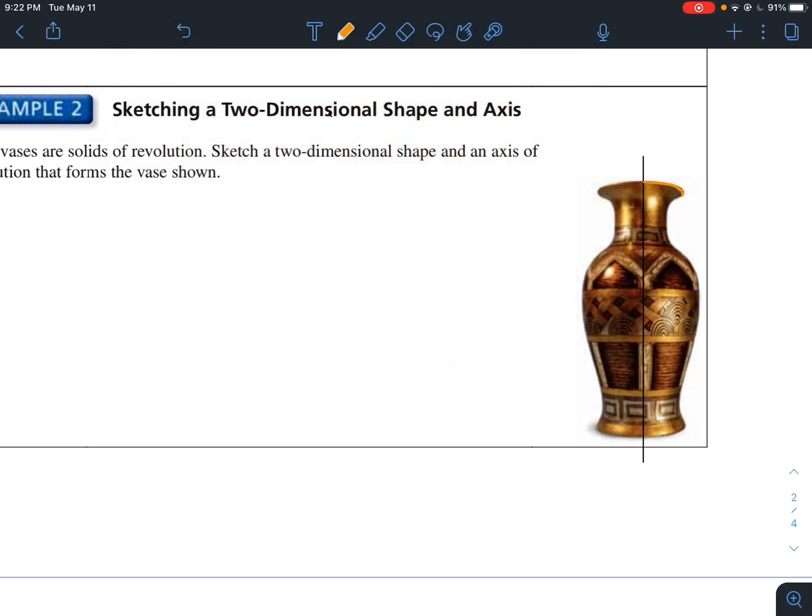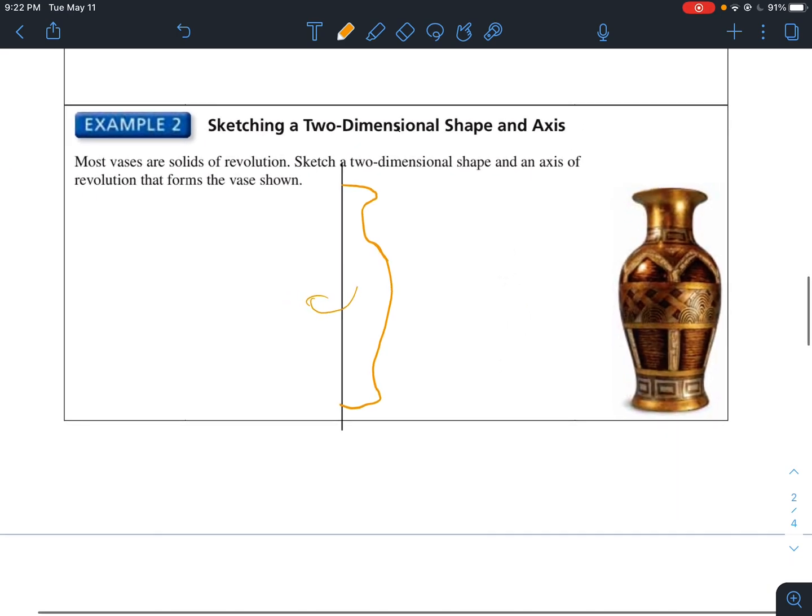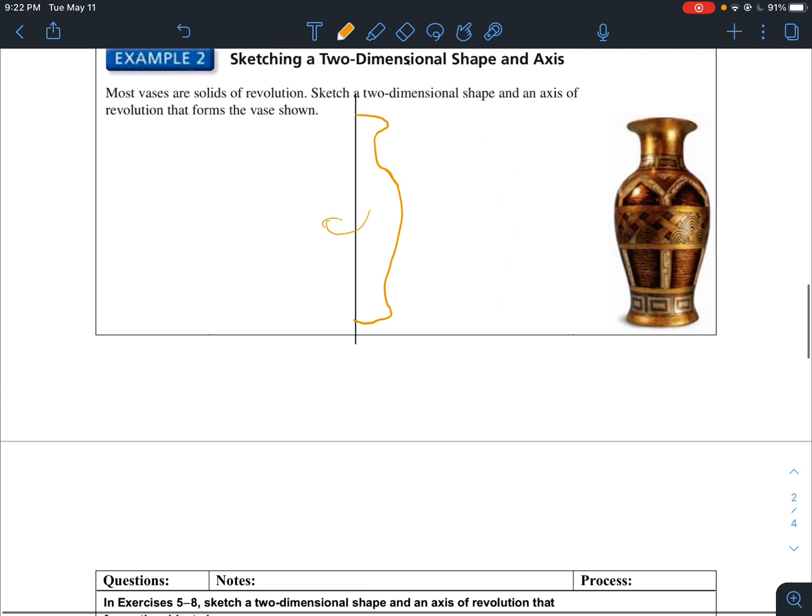Okay, so an outline like this, right there. Okay, so this shape right here, if I rotate it about 360 degrees, about this axis of revolution, that's how I can produce this vase right here.